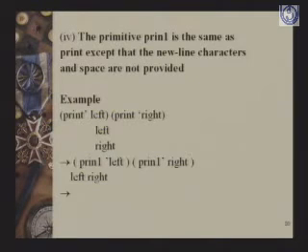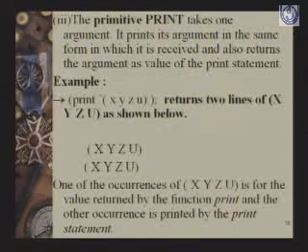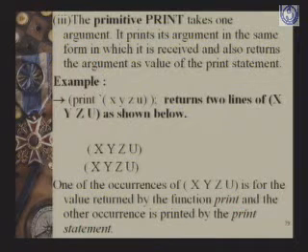In the case of print, please have a look at the slide. The x y z u lists are printed on two different lines. That is, after printing it once, the inbuilt system leaves that particular line and starts printing on the next line when the print command is given.